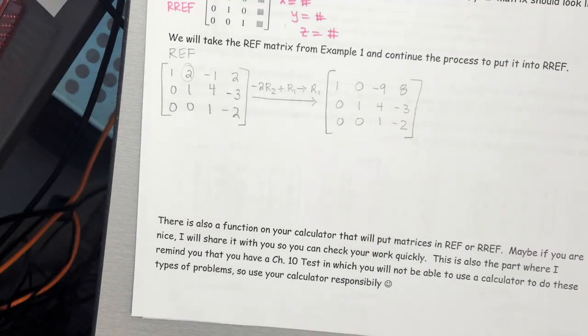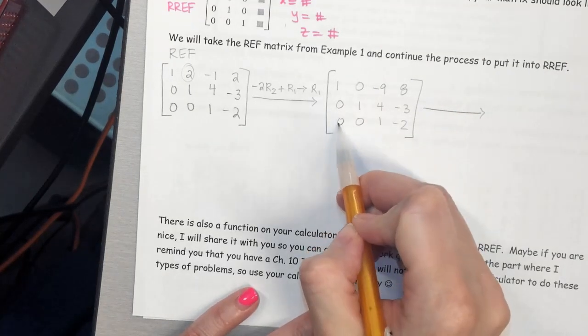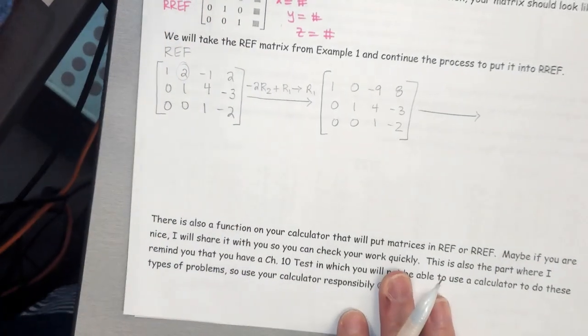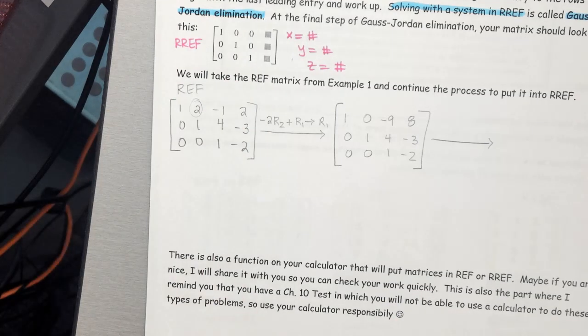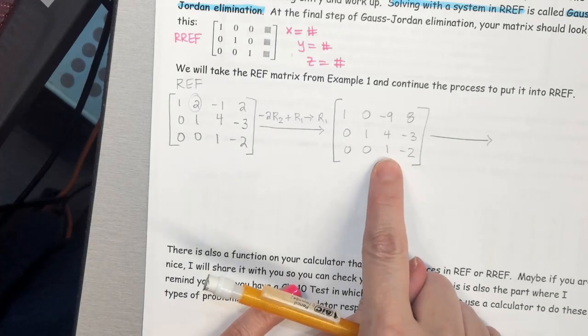Now our next step, we have 1, 0, 0, we have 0, 1, 0. Our last row should look like this, where you have 2 zeros and then the 1. In order to do this, we're going to use this leading 1.